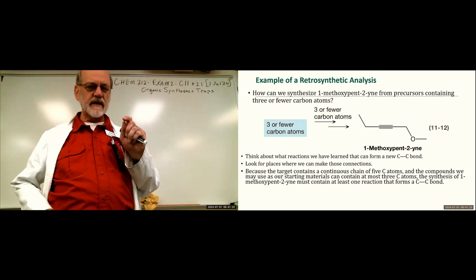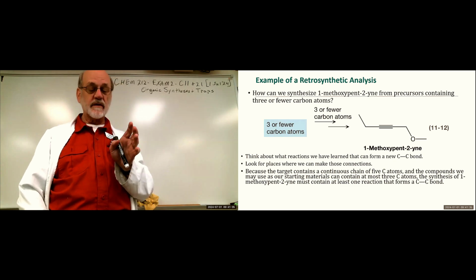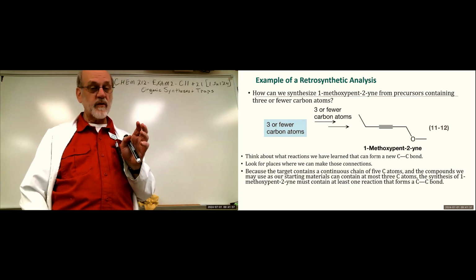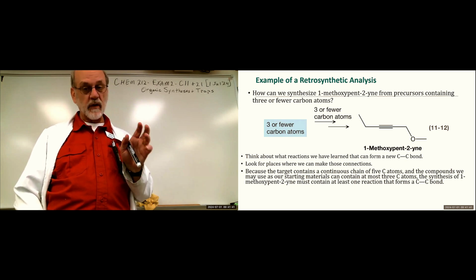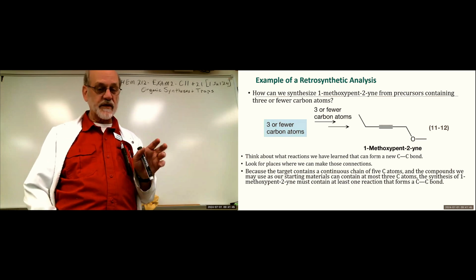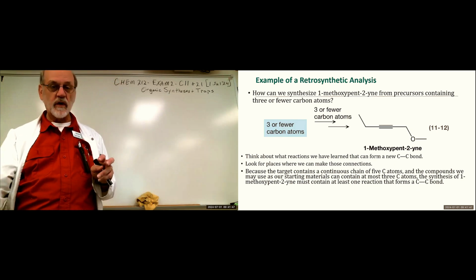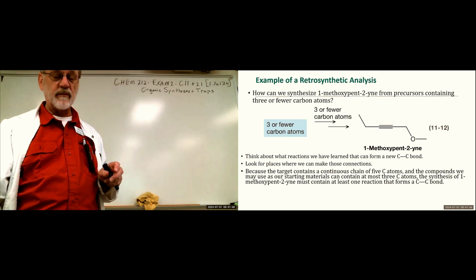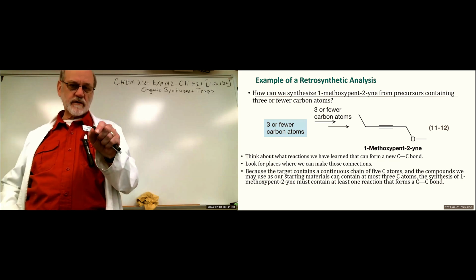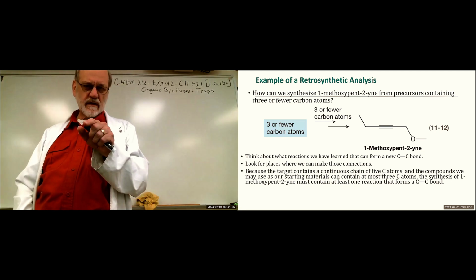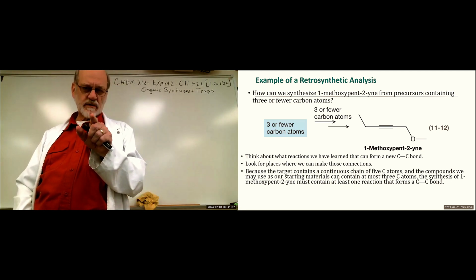Because the target contains a continuous chain of 5 carbon atoms, compounds we may use as our starting materials can only contain 3 carbons each, and the synthesis of this compound must contain at least one reaction that forms a carbon-carbon bond.